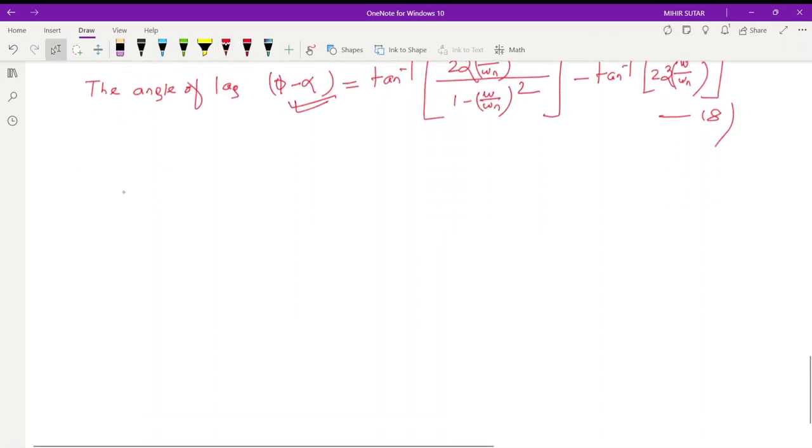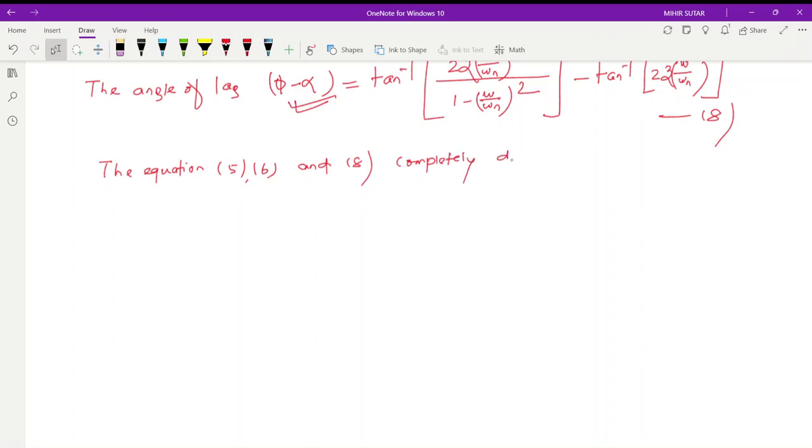Now equation 5, 6 and 8 completely define the absolute motion of mass m because of base excitation.